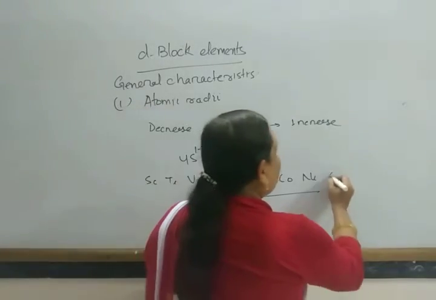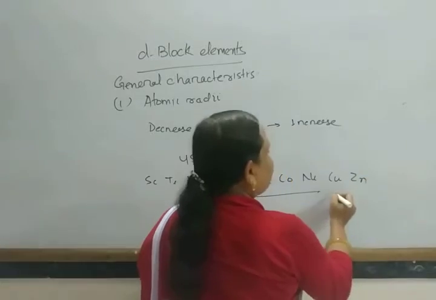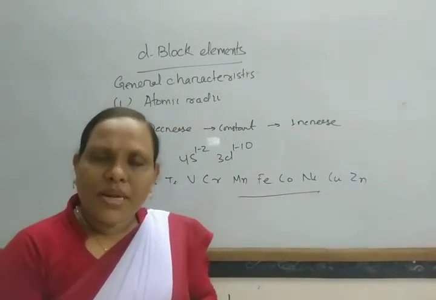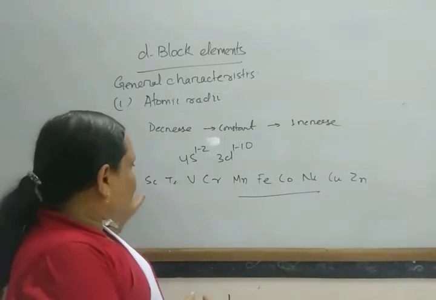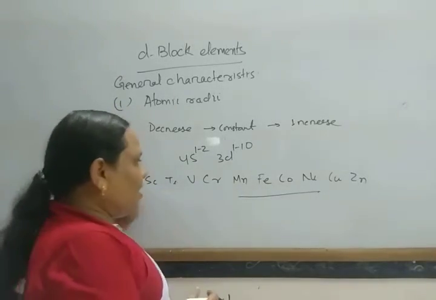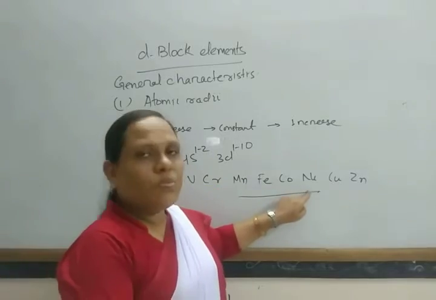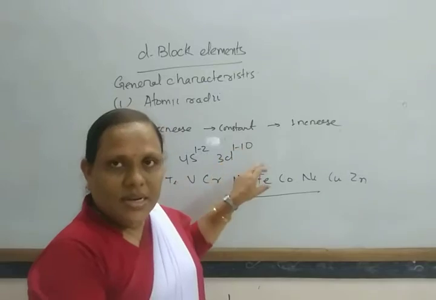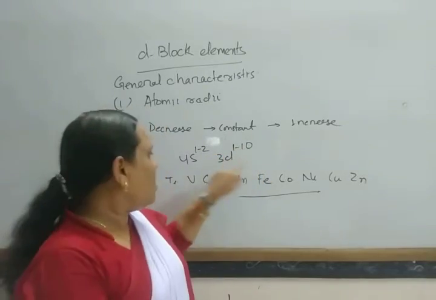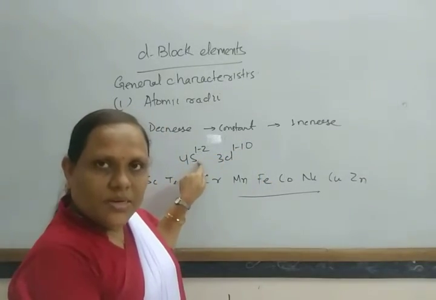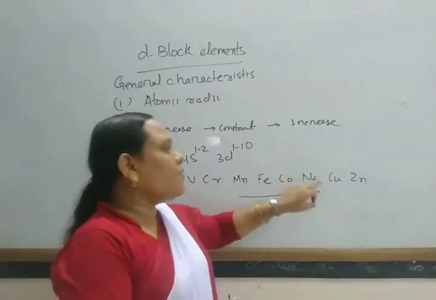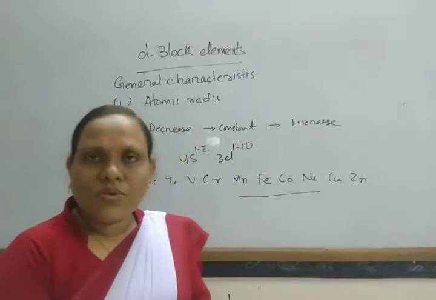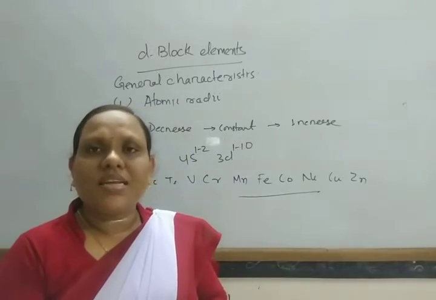And towards the end of the series, towards copper and zinc, it again increases, because more electrons are added. So from scandium to manganese it generally decreases, then remains almost constant because of the screening effect of more d electrons on the outermost s orbital, and at copper and zinc, as more electrons are there, electronic repulsion takes place more.